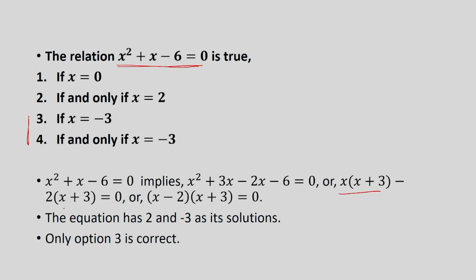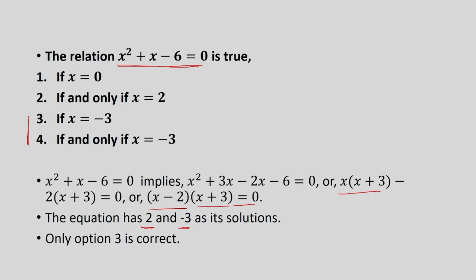So, that will give you x plus 3, you take x plus 3 common. So, x minus 2 multiplied by x plus 3 is equal to 0. So, this is a quadratic equation with two roots of 2 and minus 3, right. That basically means that this relation is valid for two values of x, one is 2 and the other is minus 3.